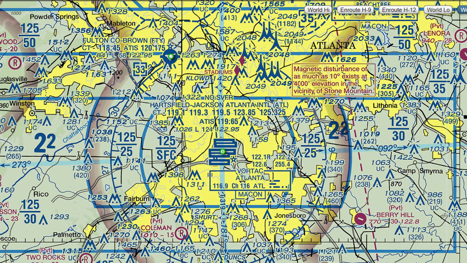Down to surface, which is the SFC letters there. And on the other side, you have the 125 over 25, which means 12,500 feet down to the floor of 2,500 feet. Now, those things tell you what is the floor of that tier of airspace that is being controlled by Hartsfield-Jackson. So you have to understand what those things mean, so you know where you can fly, where you can't fly.